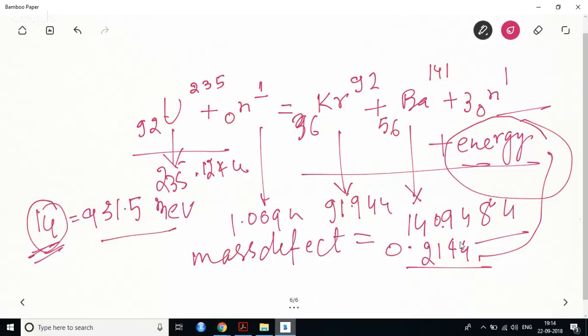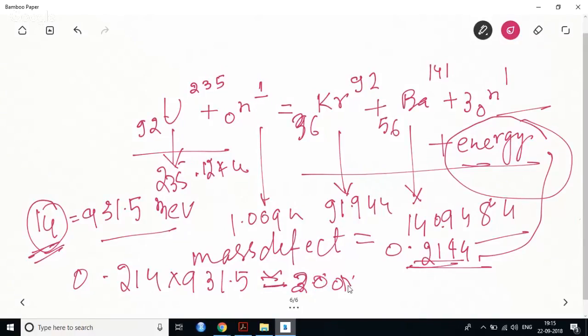So with this, how much energy would be produced? 0.214 into 931.5, which is equal to nearly 200 mega electron volt.